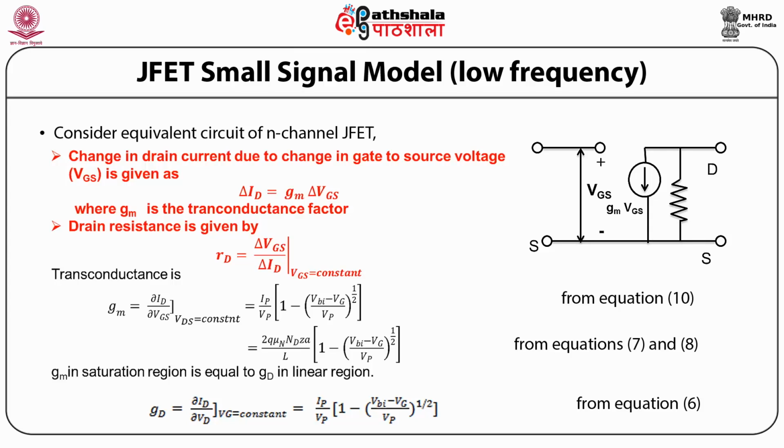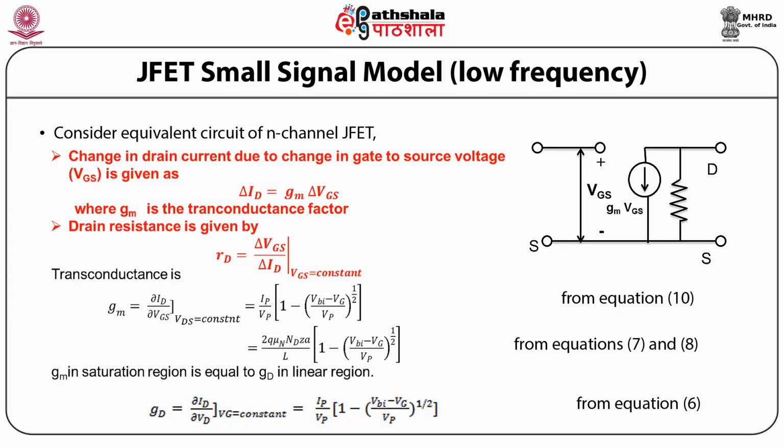It is equal to 2q mu n N_D multiplied by Z multiplied by a divided by L, multiplied by 1 minus (V_bi minus V_G by V_P) to the power 1 by 2. So now g_m in the saturation region is equal to g_d in the linear region.